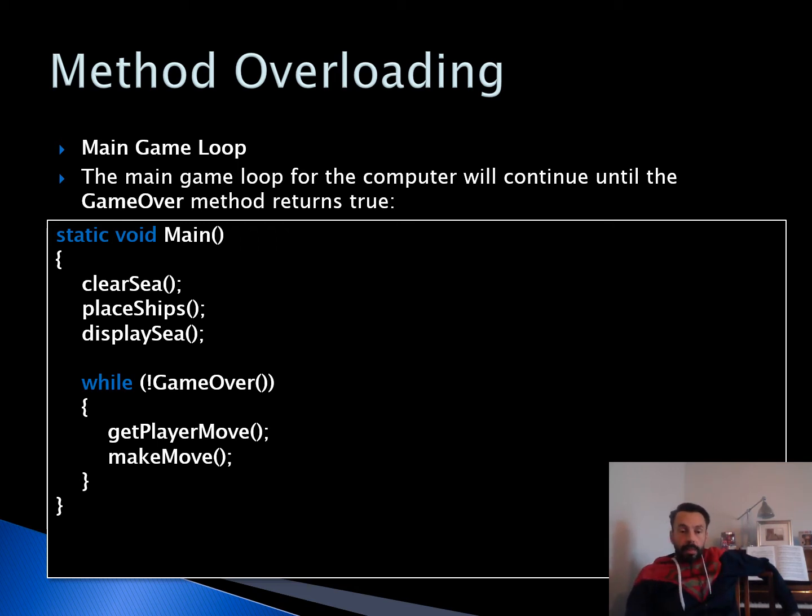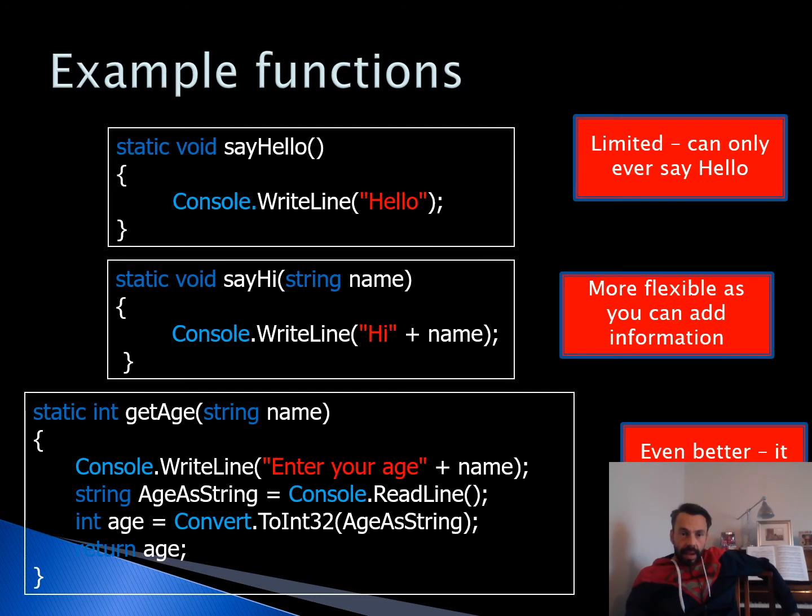So something obviously has to happen in here in order to make this value equal to false to exit the game. Not really sure why that's method overloading as such. It doesn't seem to be, but it's just a main game loop example.